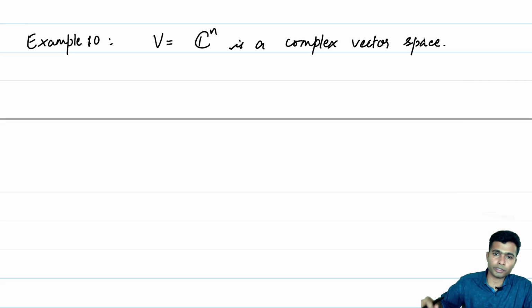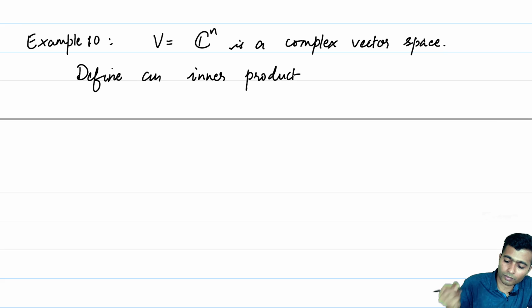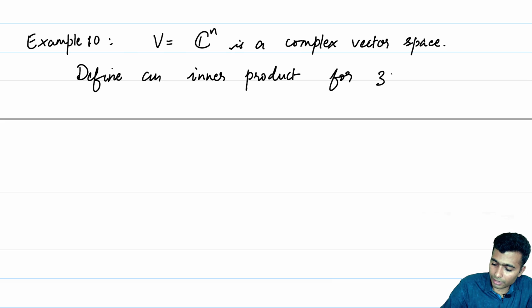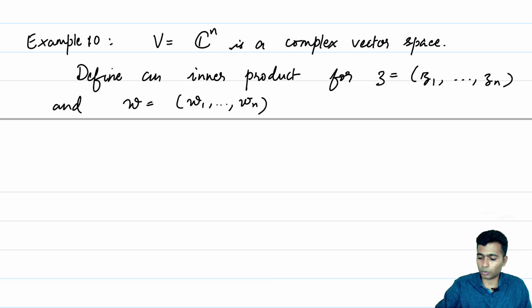The vector addition is component wise, scalar multiplication is also component wise. We would like to define an inner product on this. So let's imitate what we did in Rn. Let Z equal to Z1 to Zn, and W equal to W1 to Wn, complex numbers, both in Cn.